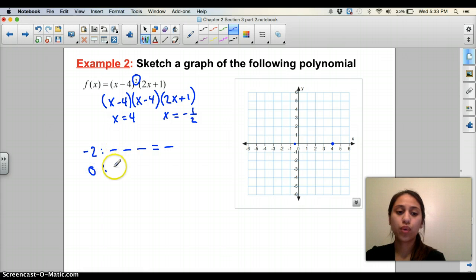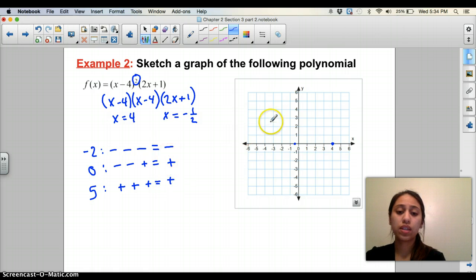So 0 minus 4 is negative, 0 minus 4 is negative, and 2 times 0 plus 1 is a positive. A negative times a negative is a positive, times a positive is a positive. For values to the right of 4, I'm going to pick 5. So 5 minus 4 is a positive, 5 minus 4 is a positive, and 2 times 5 is 10, plus 1 is positive. So multiplying all positives is a positive.